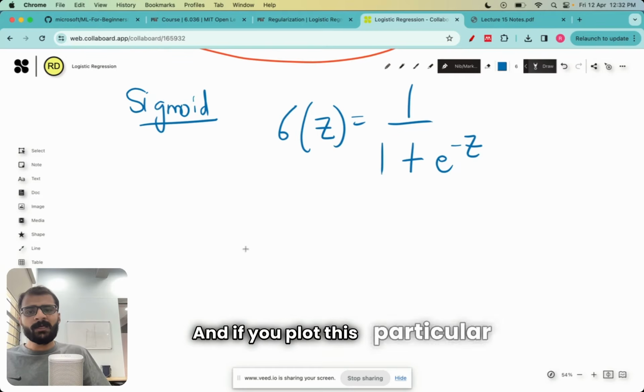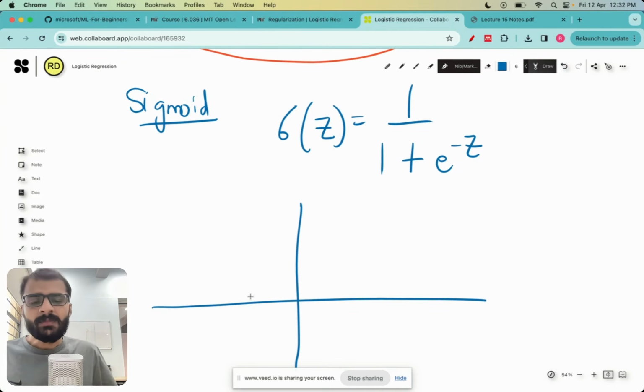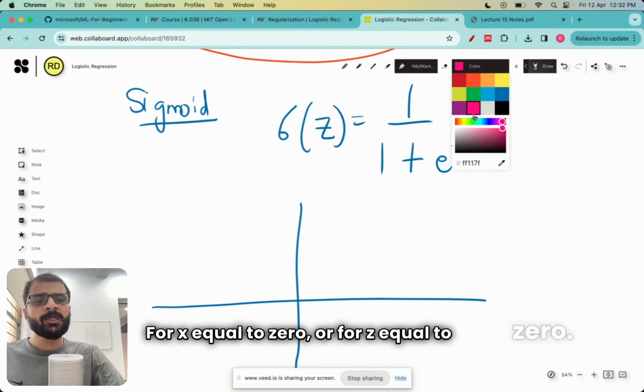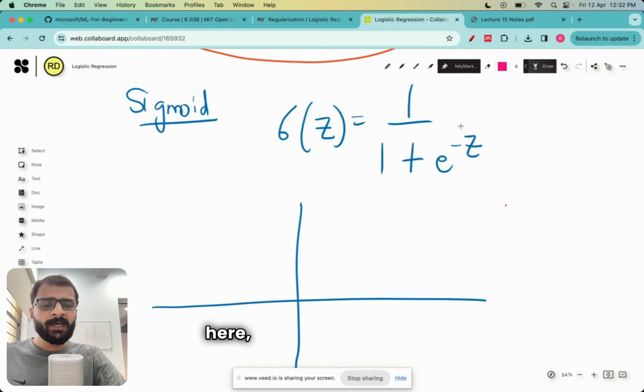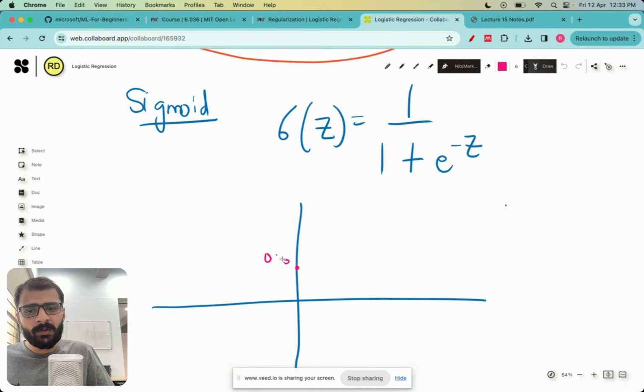If you plot this function, it looks like this. For z equal to 0, e raised to 0 is 1, so it will be 1 divided by 2, and the answer will be 0.5.